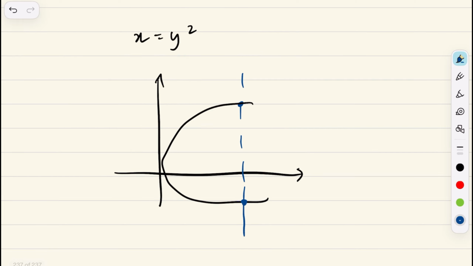So it's not a function, all right, because there are two intersections. So this is the basic idea behind functions. This understanding forms the foundation for everything else in Add Maths, including inverse functions, composite functions, and transformations, which we're going to cover later.